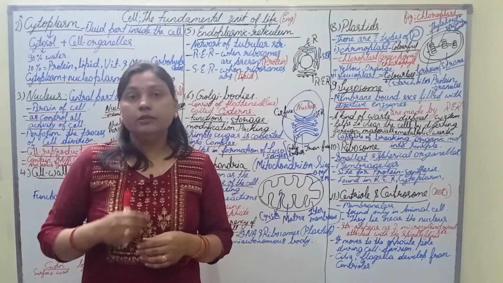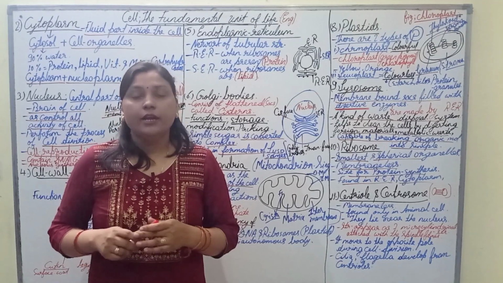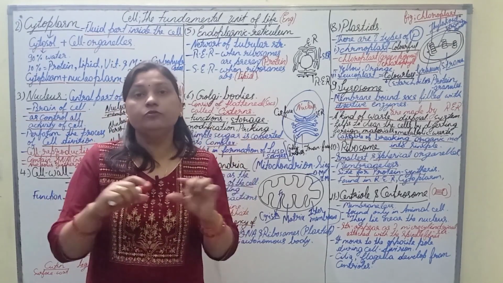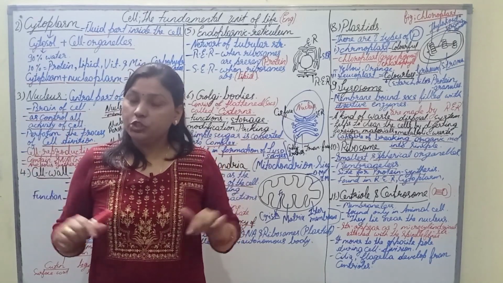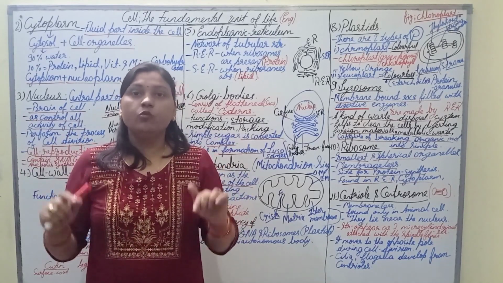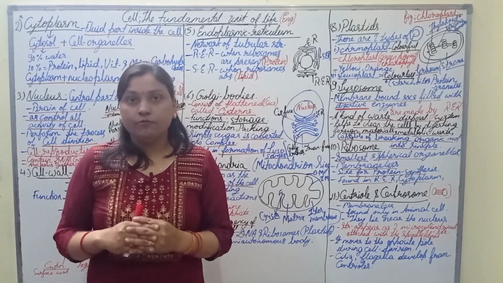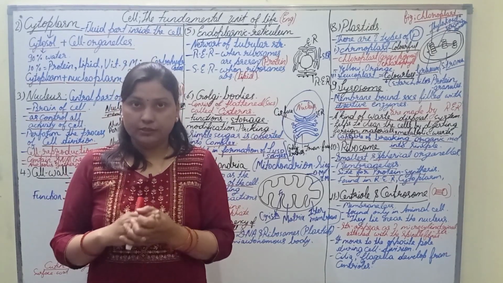The third important function of endoplasmic reticulum, as it is in the form of networks of tubules and sheets, is that it provides a cytoplasmic framework to the cells for different chemical reactions.